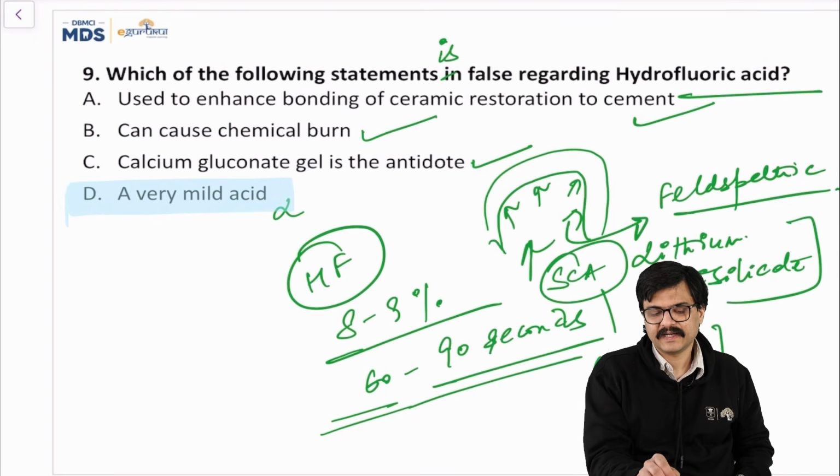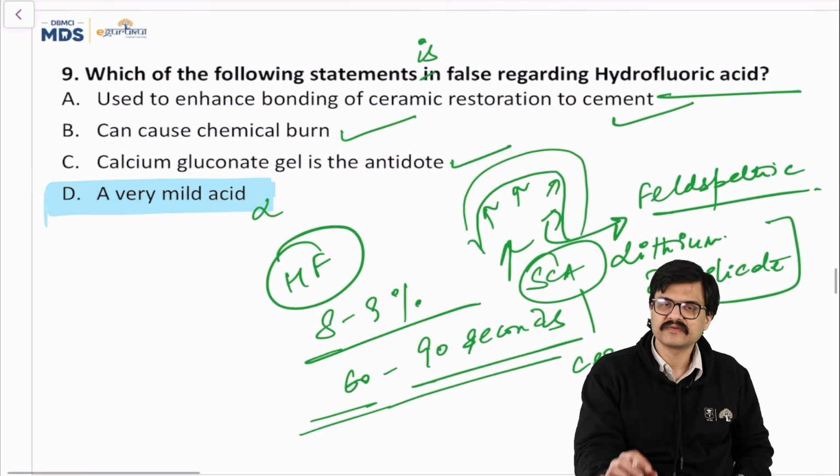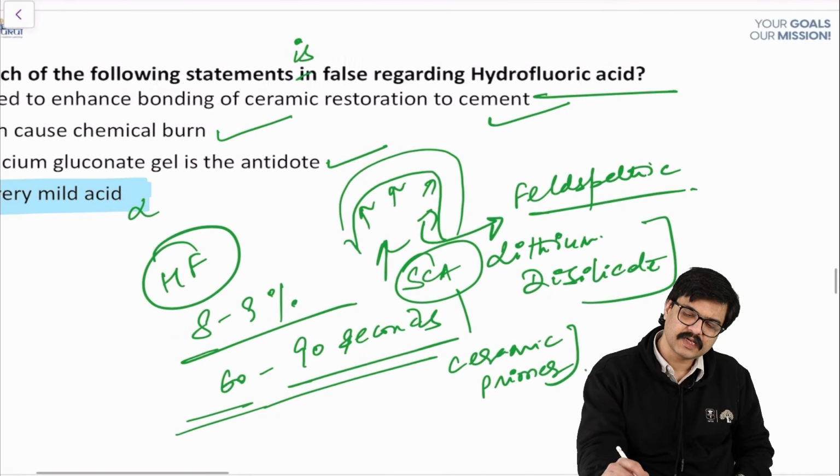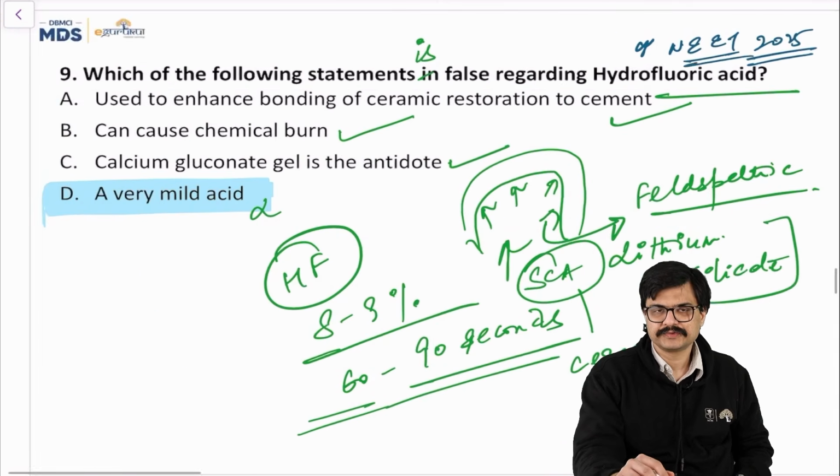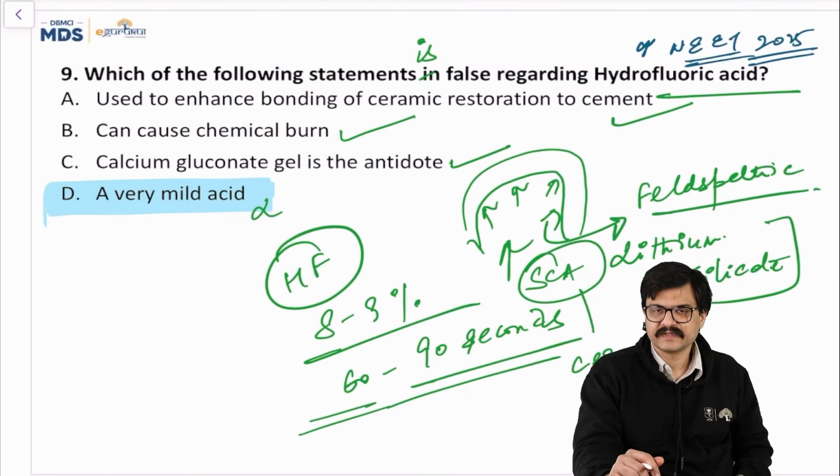So saying it's a mild acid is a false statement. So that's another new applied question that I made, simply because a couple of questions on HF were asked in the recent NEET 2025 paper. They asked about the antidote. So it's good to know the other conceptual points regarding HF, okay?